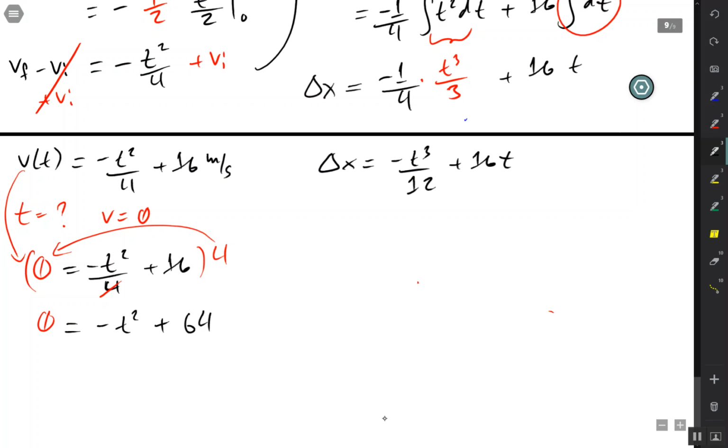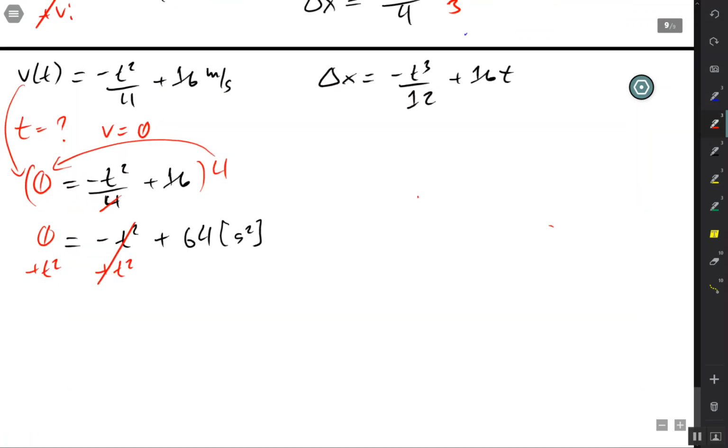Now what I've just done is turn all of this into units of seconds squared. I'm going to add t squared to both sides. That will cancel out. And I get t squared equals 64 seconds squared.